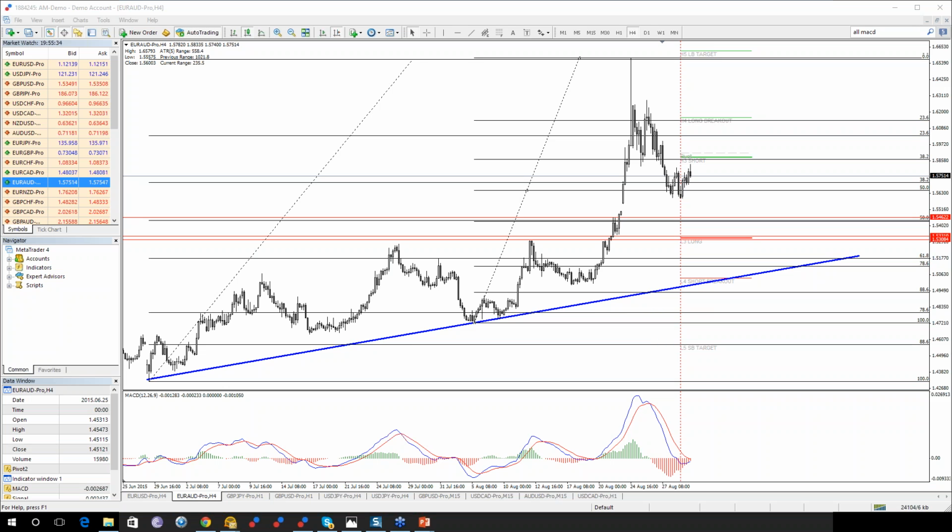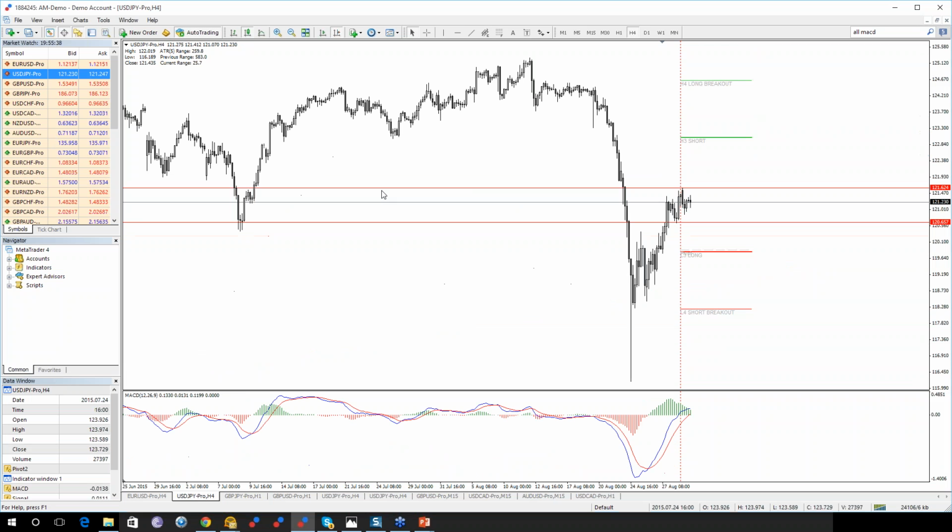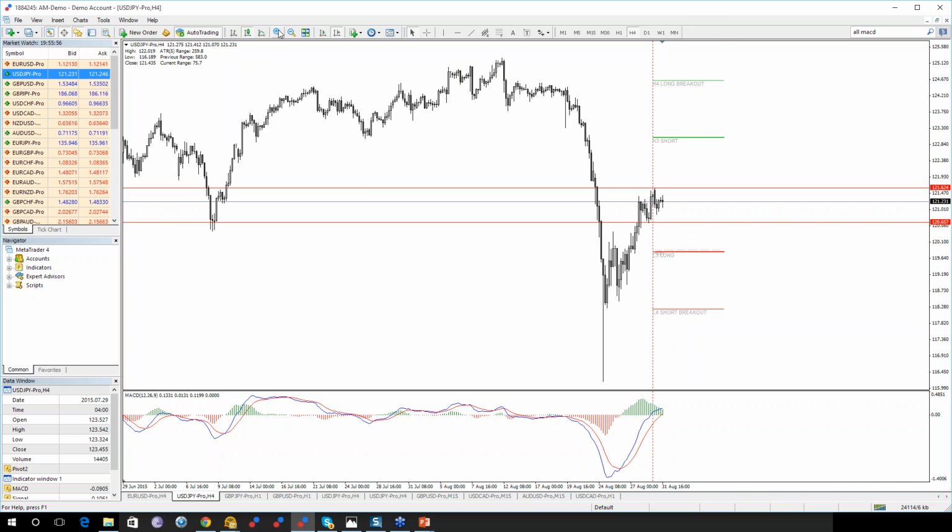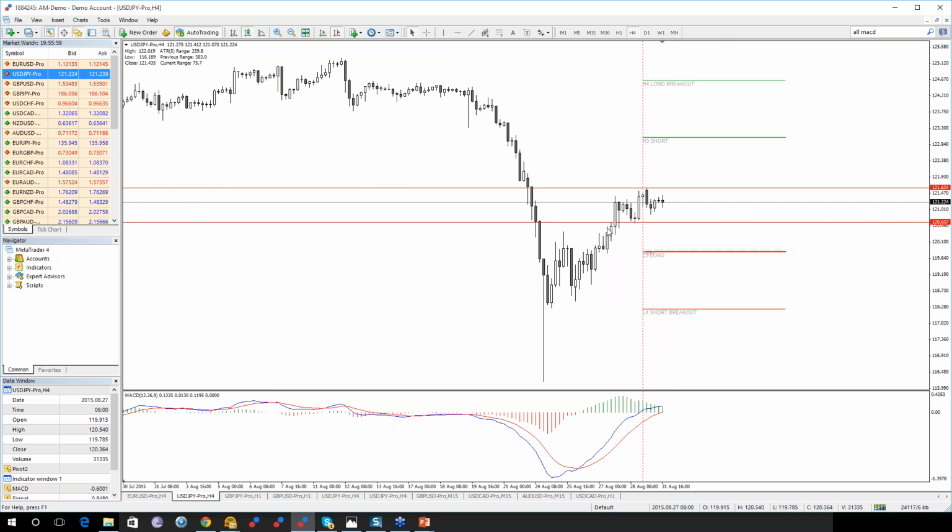And finally, the last question, and we don't have the time now. Dollar yen, as you can see, is in a big range now. Range is 120.65, let's call it, because you can see those important spots here. You can see here it's a breakout spot and retest spot.